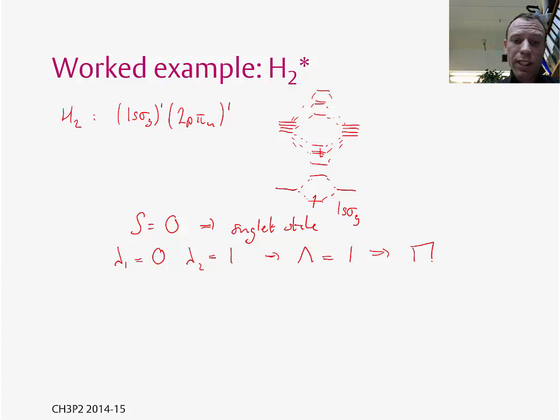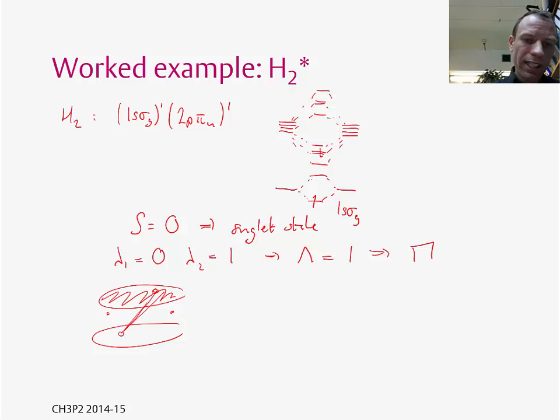Now if you think about the symmetry of the orbital, if we think of the two nuclei sort of here and here, the orbital looks a bit like that. So if we now look at the inversion point, going from here to here, we can see it changes phase, so it's going to be an Ungerade state.